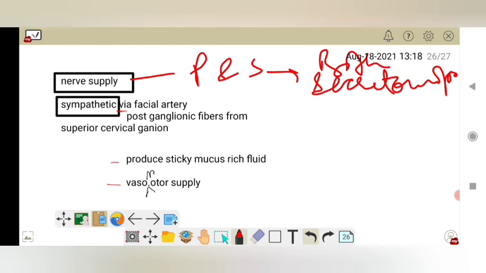The postganglionic fibers wind around the facial artery, and these postganglionic fibers come through superior cervical ganglion, and sympathetic stimulation produces sticky mucus-rich saliva, and sympathetic also acts as a vasomotor supply.